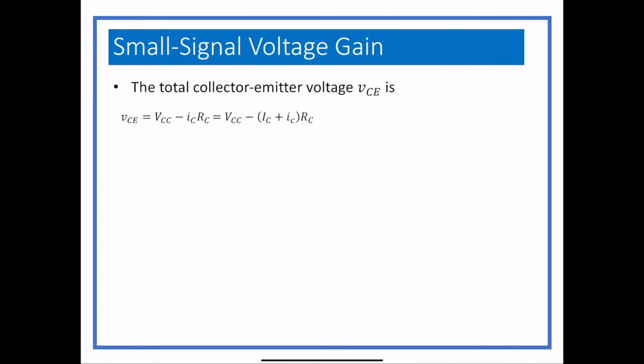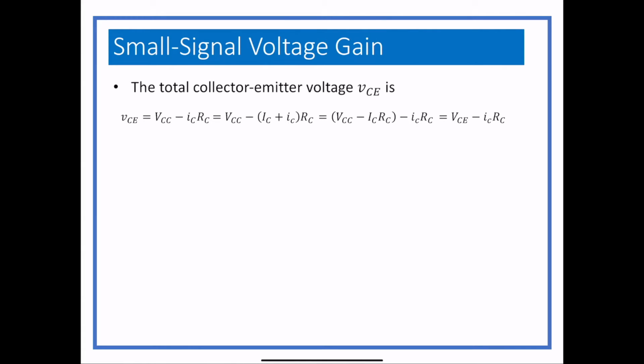So we can split out the two parts of the collector current. We have the DC part and the AC part. And then we can distribute the DC parts with the other DC parts and then have the AC parts by themselves. And we can combine VCC minus ICRC because that's the DC value of VCE.